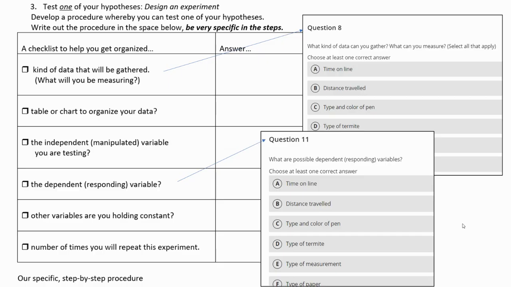All right. So further on into your lab handout, you see these questions. What kind of data will be gathered? A lot of times students in the lab have no idea what to even do there. If you have no idea what to even do, go to the handout question set.